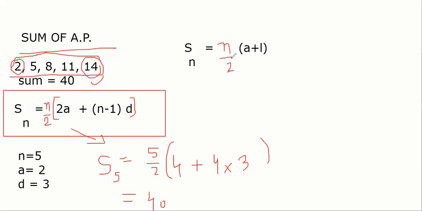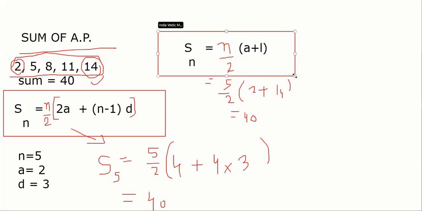So when we put it here, again 5 by 2, 2 plus 14, 16 by 2 is 8, again 40. So you can use any of that. Either you can use this or use the first. You see the two boxes, guys?